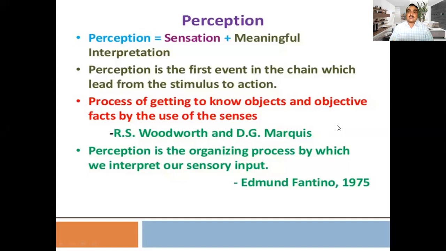So perception is a process of getting to know about objects. In this process, in getting to know about objects and objective facts, what I completely depend upon is the senses. The objective facts are better known by every one of us by the use of senses.